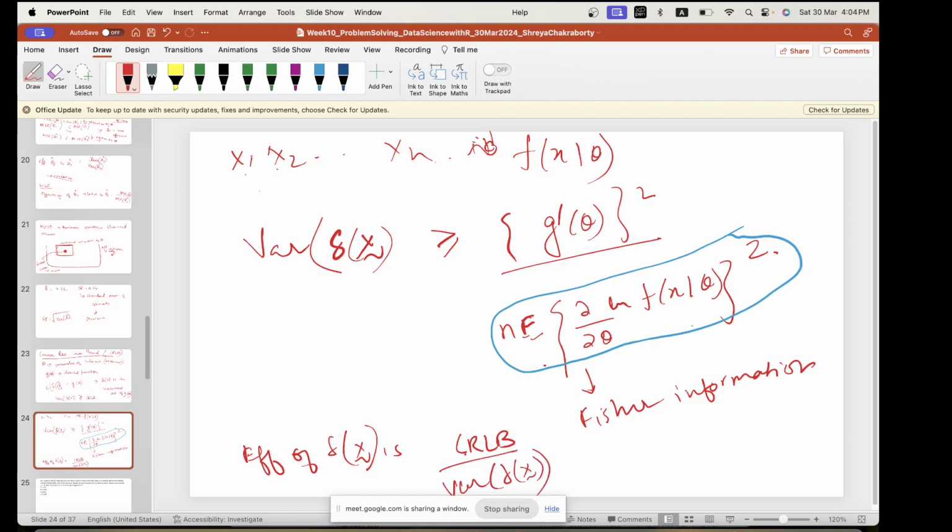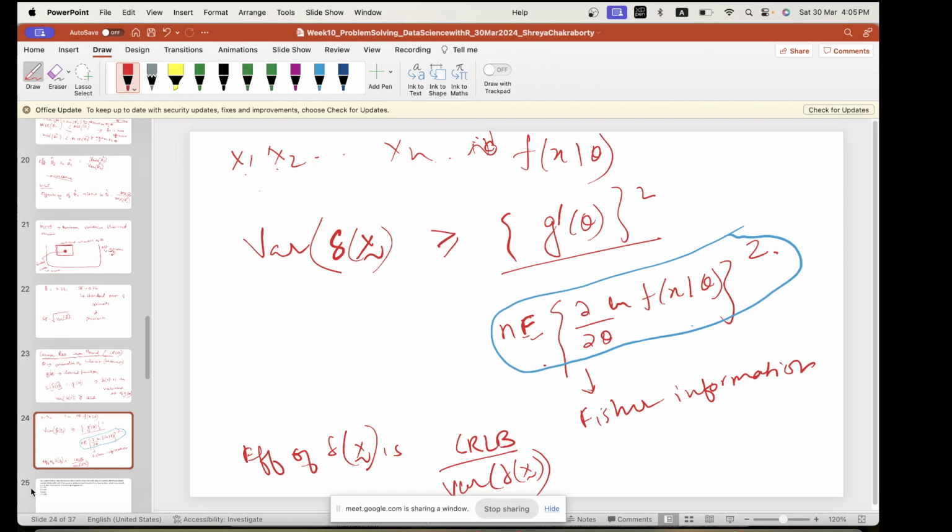How does it compare with respect to the lowest variance that it can attain? All right. With this, let us move on to the questions.